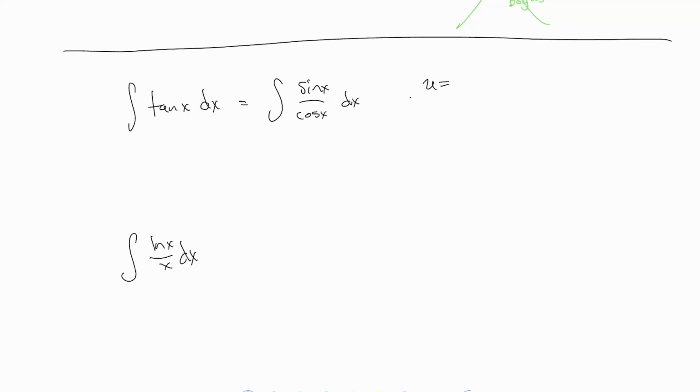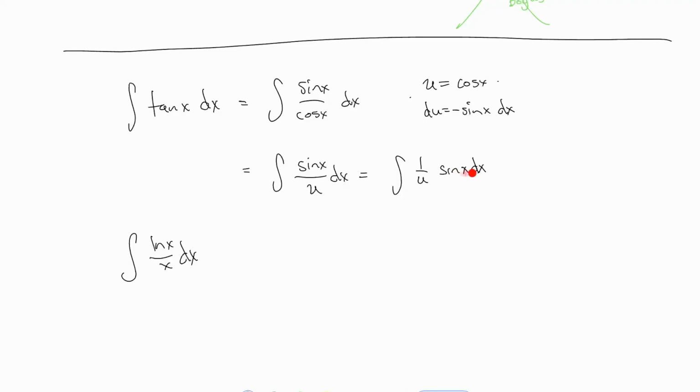And then I would like to choose the denominator as the u here. And then the du is minus sine x dx. This is the u and the du for that one. So when I plug stuff in, it'll say sine x over u dx, and writing it slightly differently, 1 over u sine of x dx.